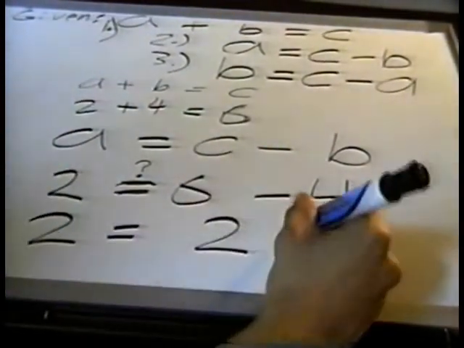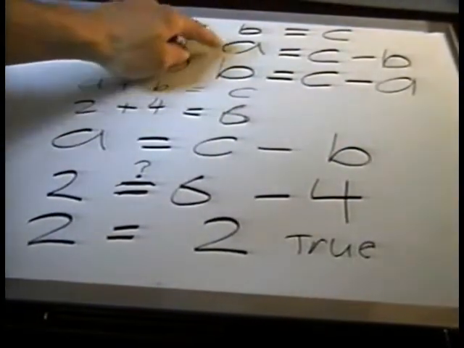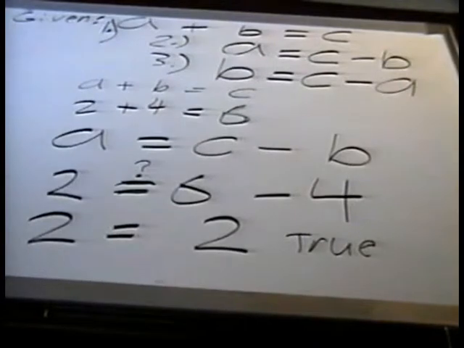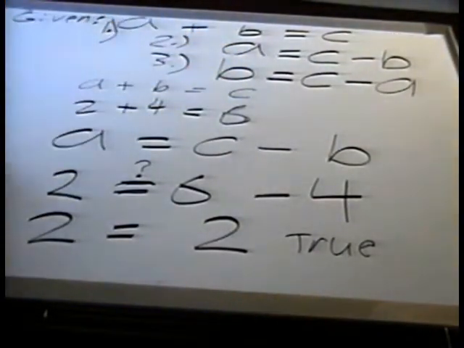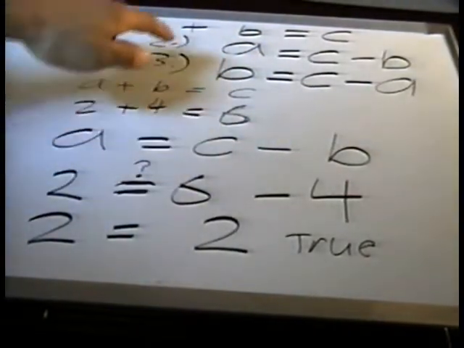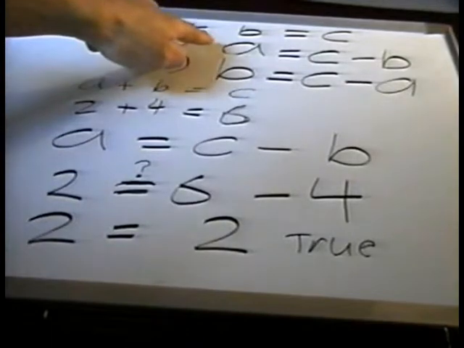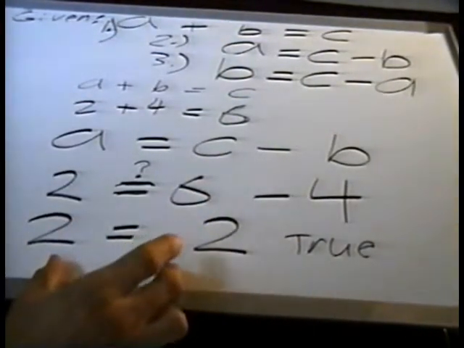Add negative a to both sides of the equation. Here, both of the a's cancel out to give you 0. You get 0 plus b equals c plus a negative a, which comes out to c minus a, or the difference between c and a.